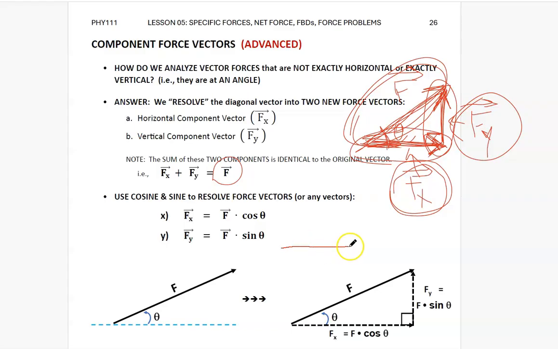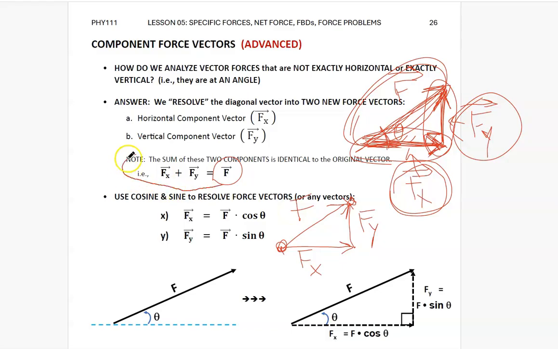Remember, if you have a vector, let's say that's the horizontal one, and then you do a head to tail to the next vector, the vertical vector, you would get something like that. Well, how do you know what the sum is? The sum is wherever you start and wherever you end, and you just make a new vector there, and lo and behold, we get the force vector that we started with.